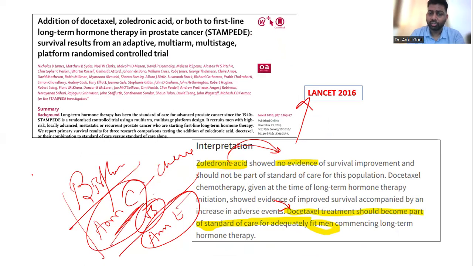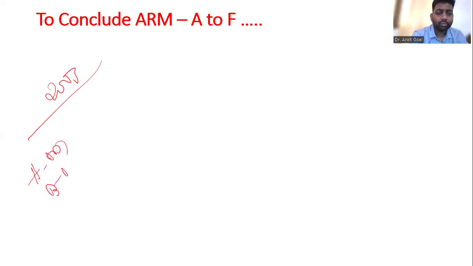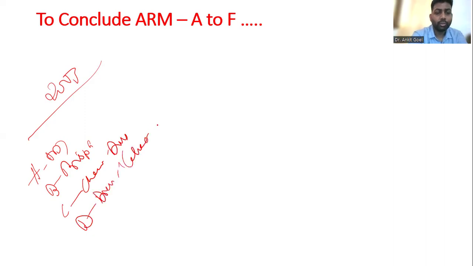If we quickly sum up the milestones: in 2005, the recruitment started for the Stampede trial. It was a multi-arm, multi-stage trial. Arm A is ADT, arm B is bisphosphonates, arm C is chemotherapy, that is docetaxel, arm D is the diclofenac group of drugs, that is celecoxib, arm E is ABC, arm F is ABD.